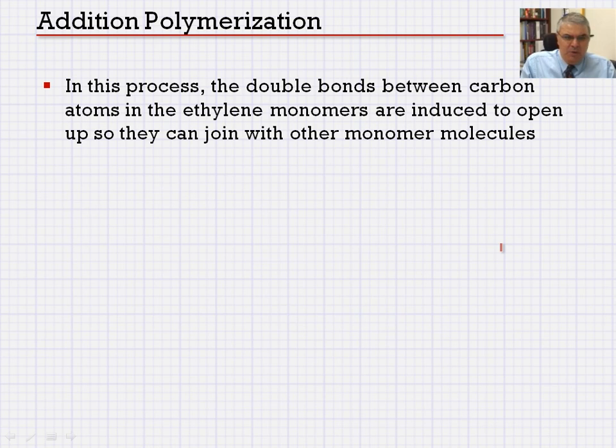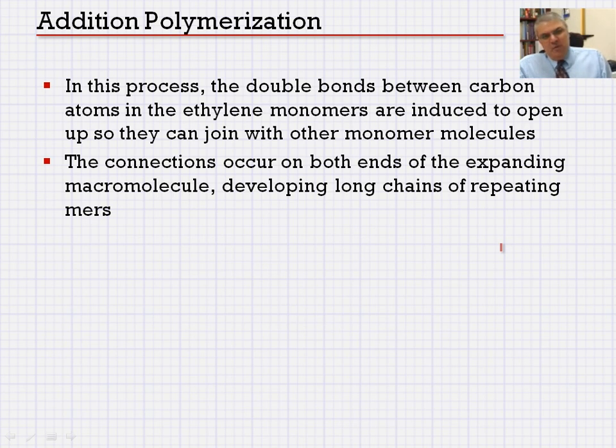Addition polymerization is the first one that we are looking at. In this case, the double bonds between carbon atoms in the ethylene monomers are induced to open up so they can join with other monomer molecules. There's no other way I could describe this to you except the sentence that I just read to you.